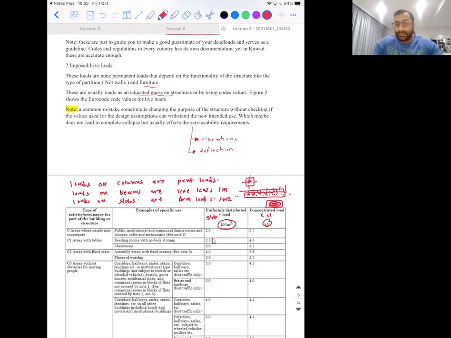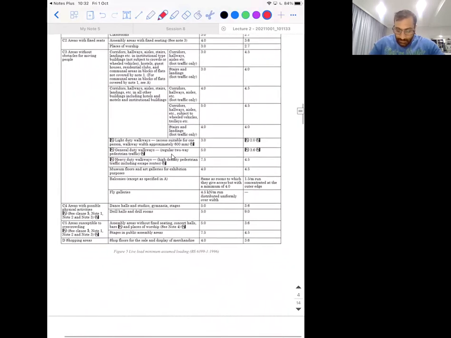The live load assumption that you use for storage areas is different than, or even more than, the values you use for a bedroom. So what happens? Even though your building is not over-designed in a sense, which most buildings are, then you're going to have these problems, basically.